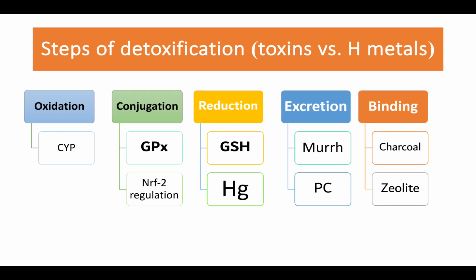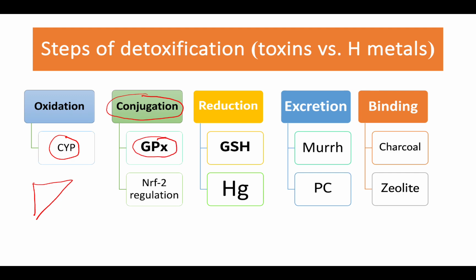Now, this is the process of detoxification. First, when the toxin comes to the liver, it first undergoes oxidation by an enzyme called cytochrome P450. Next step after oxidation, it conjugates or attaches to one of three molecules. The most important of it is glutathione peroxidase.